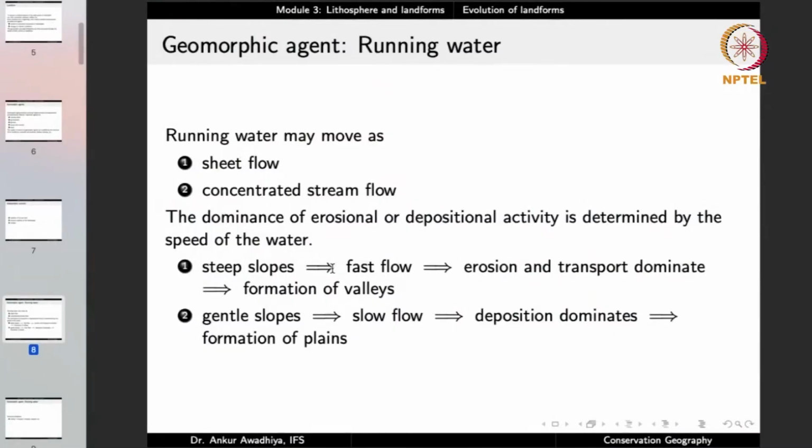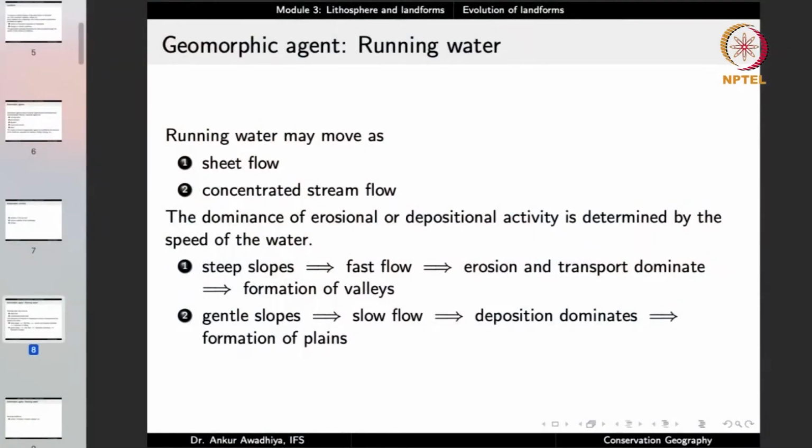So in the case of steep slopes, we have fast flow, and erosion and transport dominate, which results in the formation of valleys. In gentler slopes, the speed reduces. When speed reduces, the ability of water to transport things reduces, and the ability of water to erode things reduces. And so in these cases, deposition dominates, and this leads to the formation of plains such as floodplains.